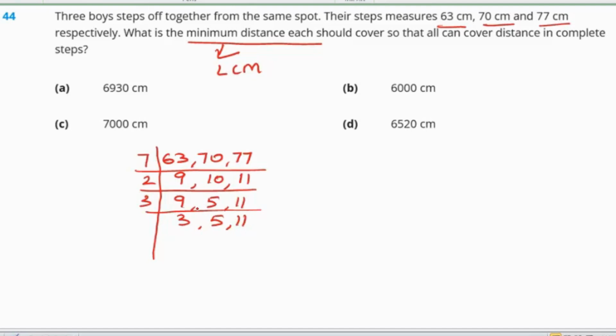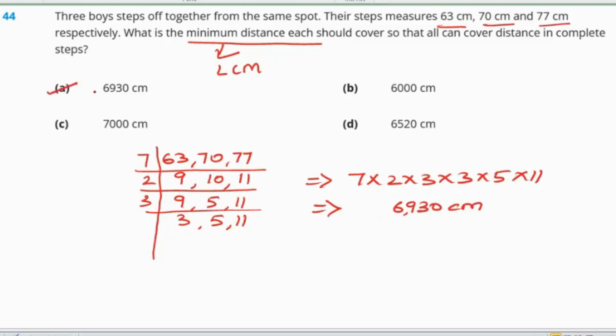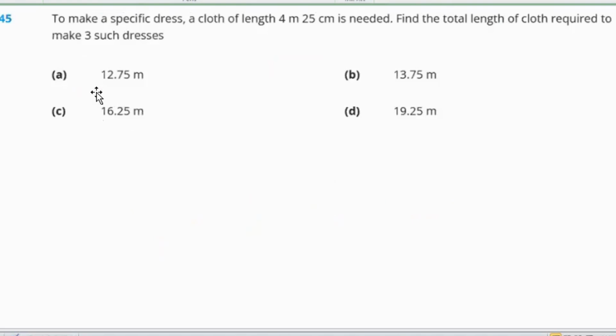So if we multiply all of the numbers, we get 7 times 2 times 3 times 3 times 5 times 11, and when we solve it, we get 6,930. That will be our LCM, and that should be the correct answer. So option A, 6,930 centimeters will be our correct answer.